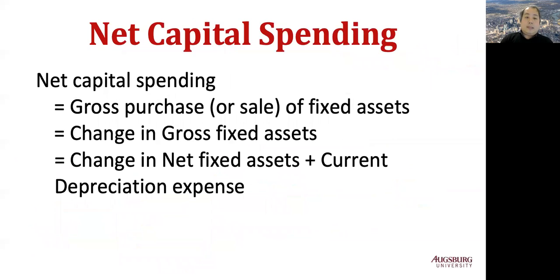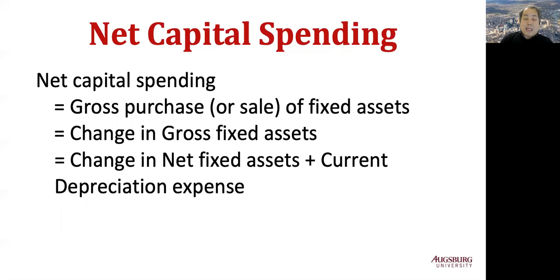Second component is net capital spending. Net capital spending is the change in fixed asset. There are two different types of fixed asset you can find in the balance sheet. The first one is called the gross fixed asset.